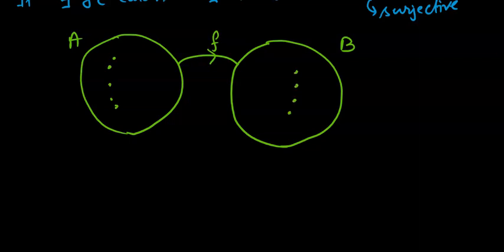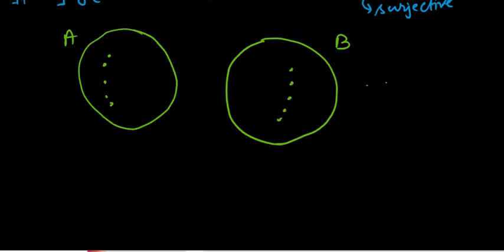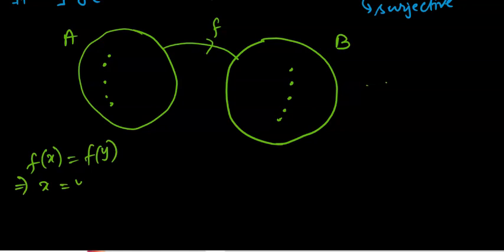If the function f has to be injective, then one element goes to one element. So what is the definition of injective? f(x) equal to f(y) means x equal to y, or we can say x not equal to y means f(x) not equal to f(y).